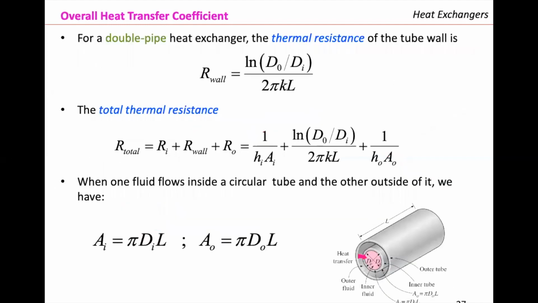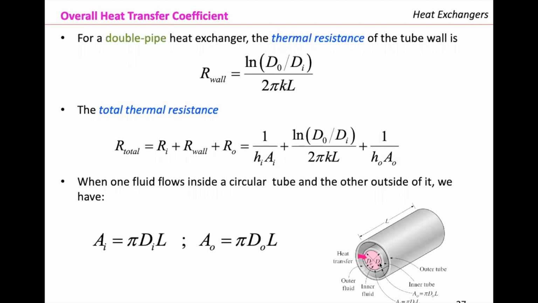So for a double pipe heat exchanger, the thermal resistance of the tube wall is given by this equation. And the total thermal resistance is first convective, conductive, and second convective. And we checked that very early in this course when we evaluated the electrical analogy, right? When one fluid flows inside a circular tube and the other outside of it, we have two different areas, right?